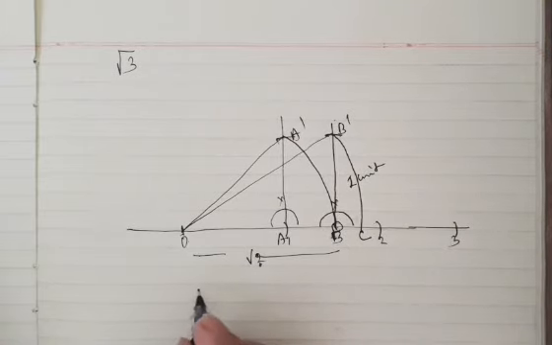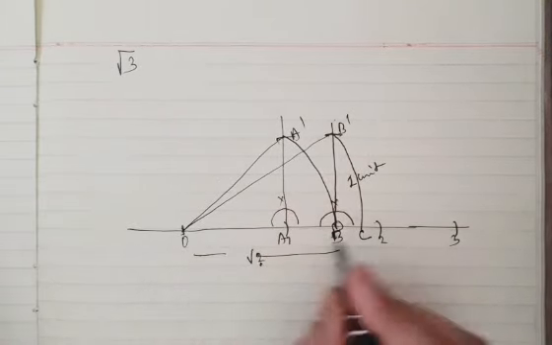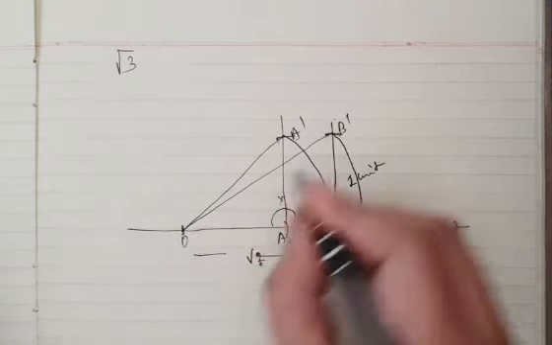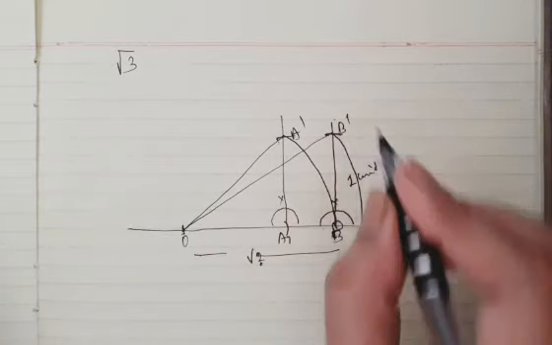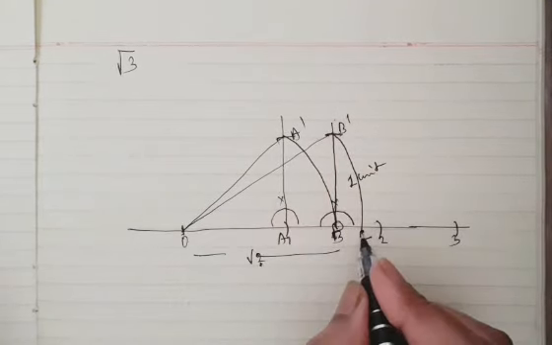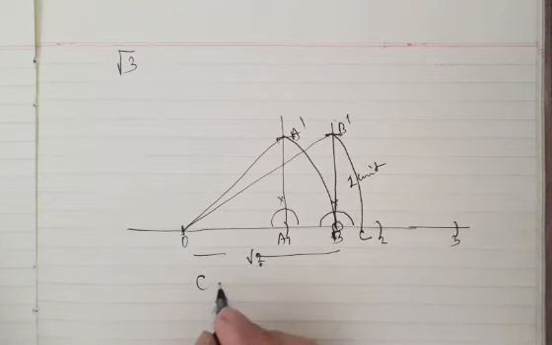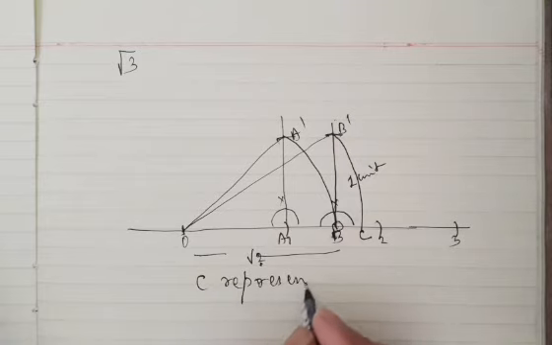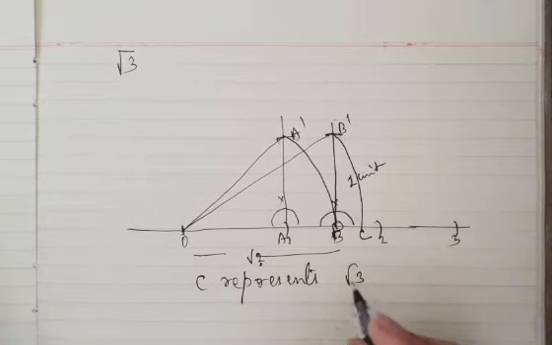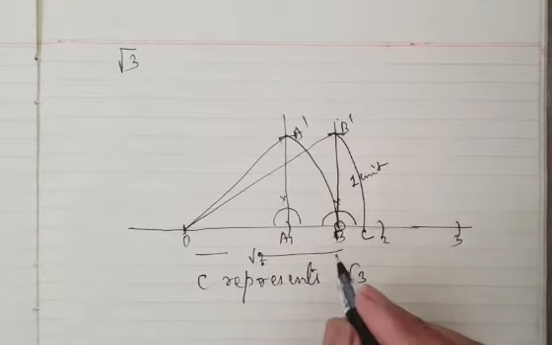Now OB dash equals OC, and OB dash is root 3 unit length and OC is also root 3 unit length, so we can say C represents root 3. Now come to the justification part.